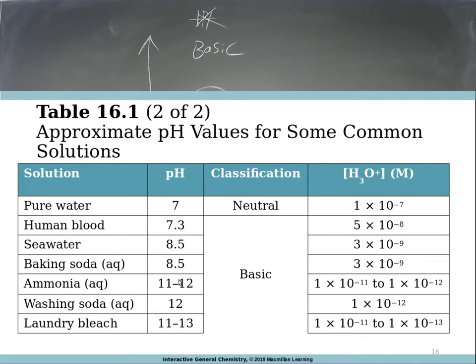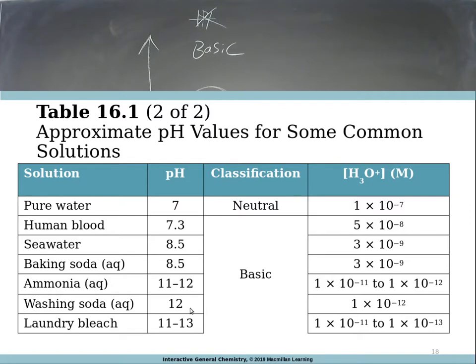And then ammonia, sometimes used in cleaning. Washing soda, which is sodium carbonate instead of sodium bicarbonate. And then laundry bleach, which is hypochlorite. Anyway, these are also different common substances. And you can see they span the pH range. Again, here we've got factors of 10 for every pH unit.